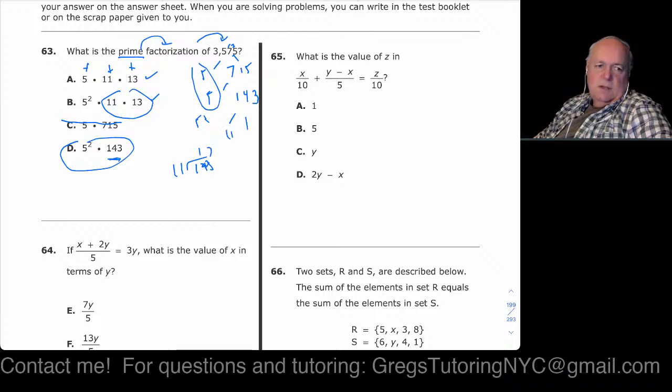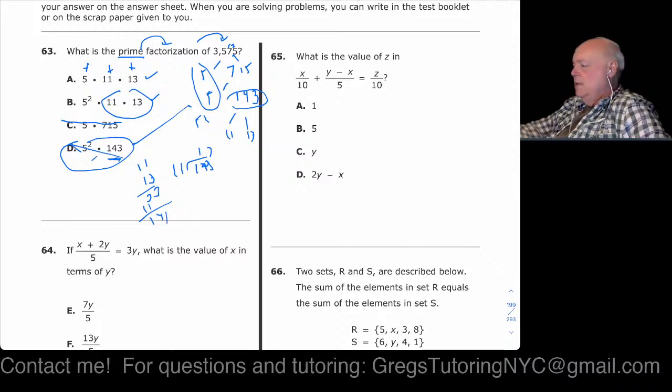We can double check that by doing 11 times 13, which gives us 143. So C was not the answer, and B should have been the answer.